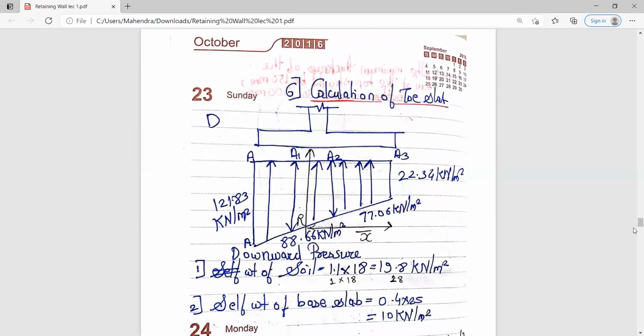Now you need to calculate the resultant of all that as well as the X bar. So before that, just draw the diagram. Then we will calculate the downward pressure.